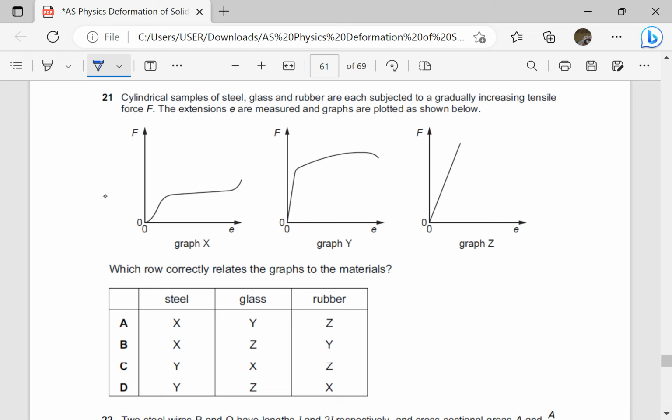Sorry, it might be glass, because here it is only undergoing elastic deformation. Graph Y is showing elastic deformation and then plastic deformation. Graph X is harder to stretch initially, then easy to stretch, then harder to stretch. This is automatically rubber. So this is rubber, this could be steel, and this could be glass. So X is rubber. So the answer is automatically D.